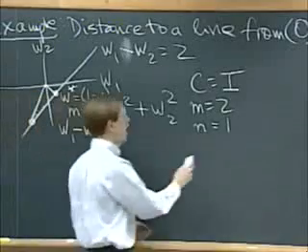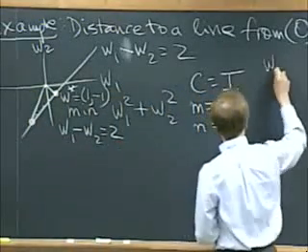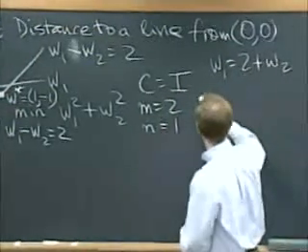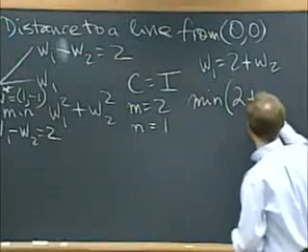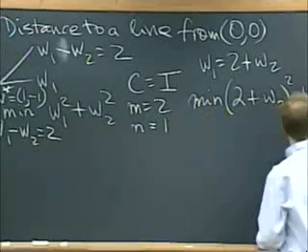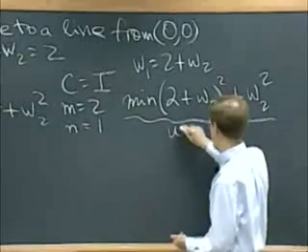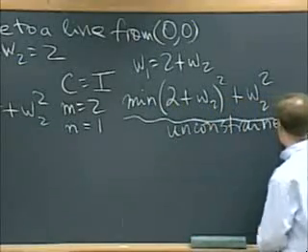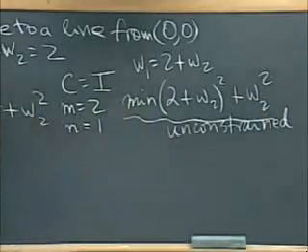So I could minimize (2 plus W2) squared plus W2 squared. Okay, so I'm back to an unconstrained problem. I got the constraint out of the picture by solving for W1.